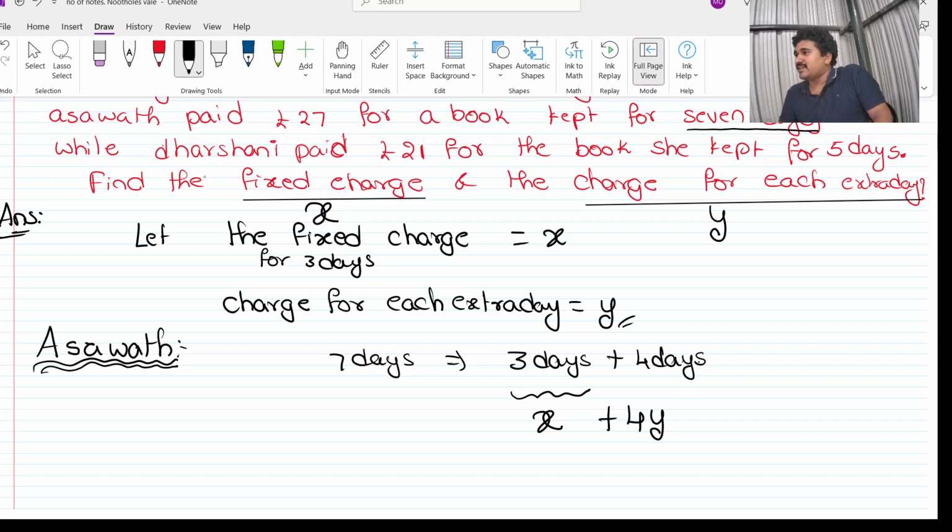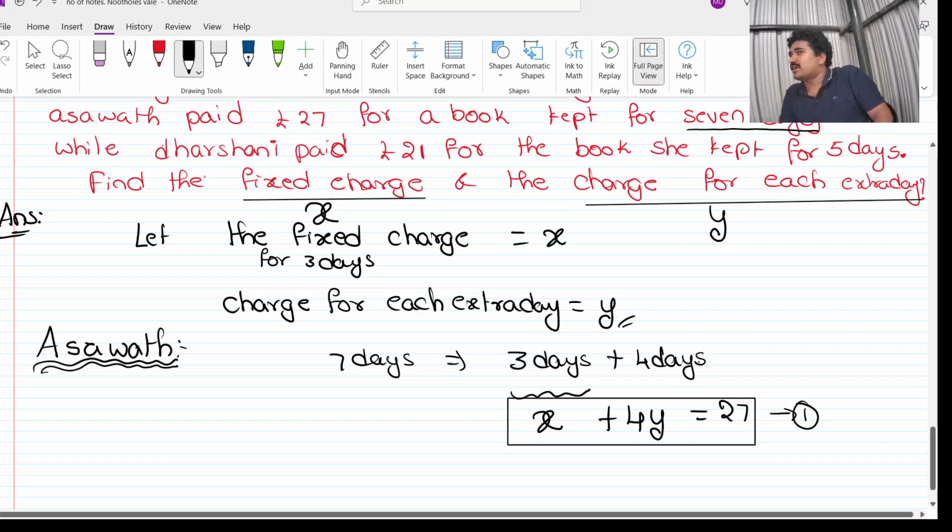The 3 days together is x. Clear? x plus 4y. How much did he pay? He paid 27 rupees. This is your equation 1. Understood? Any confusion? No confusion.